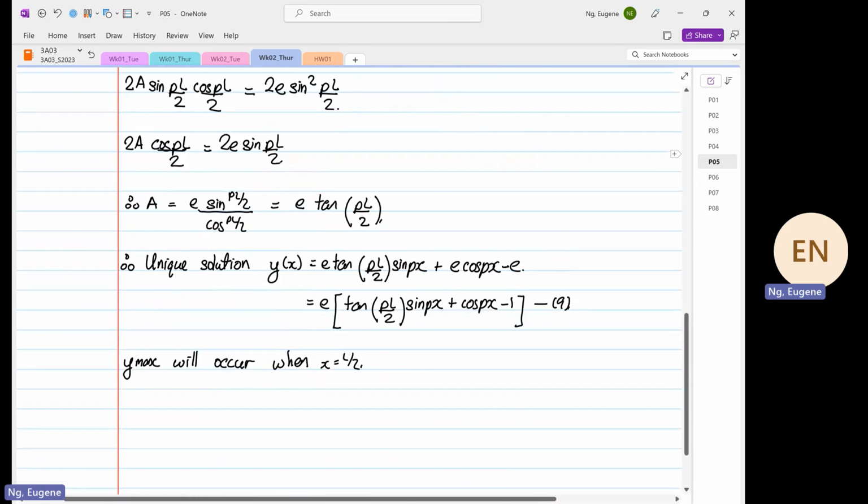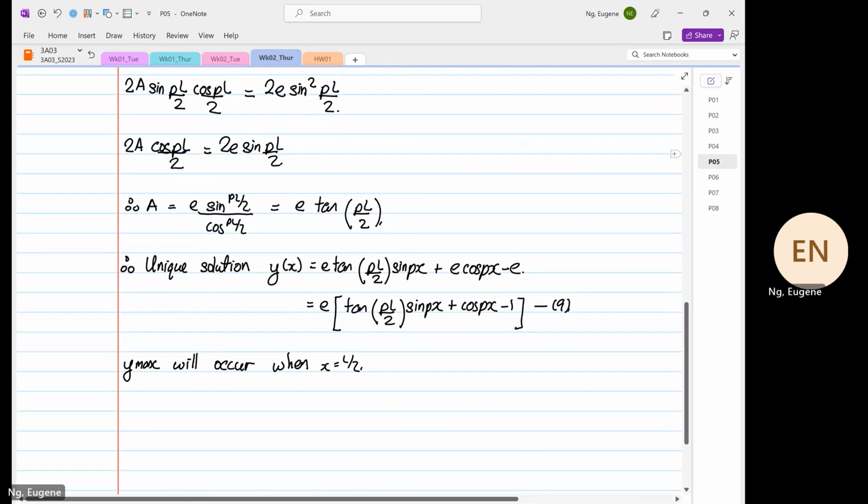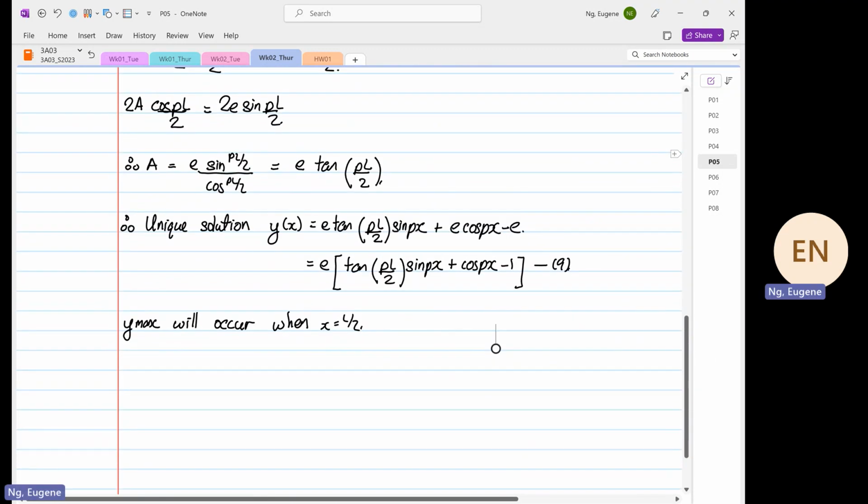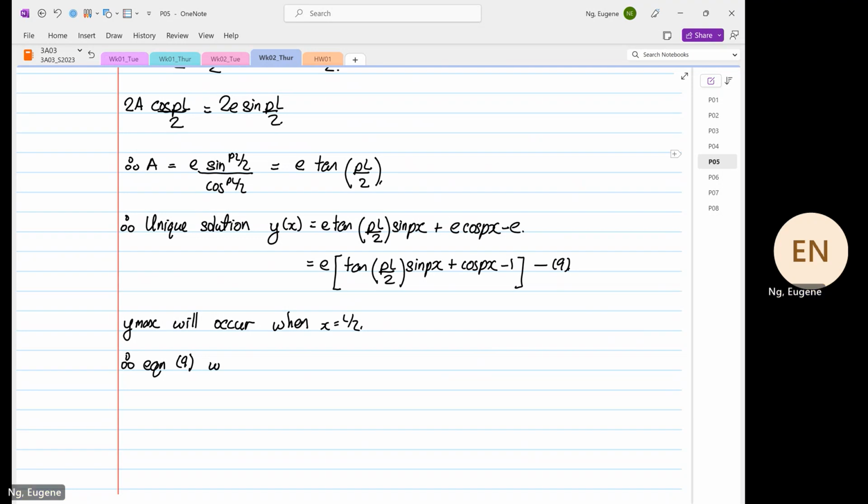So when that's the case, we will derive, so therefore, equation number 9 will become, so now Y max is equal to E tangent, small pL over 2.